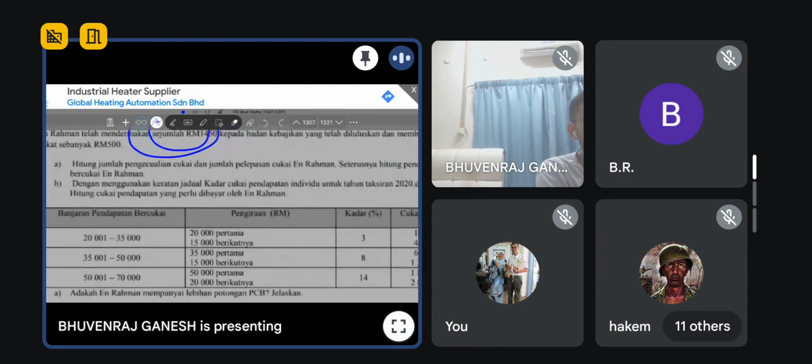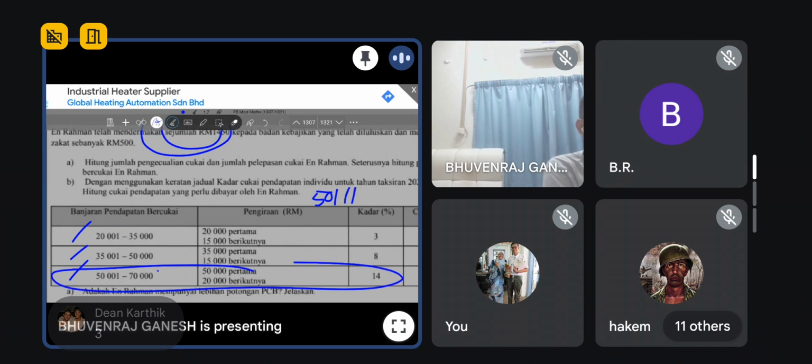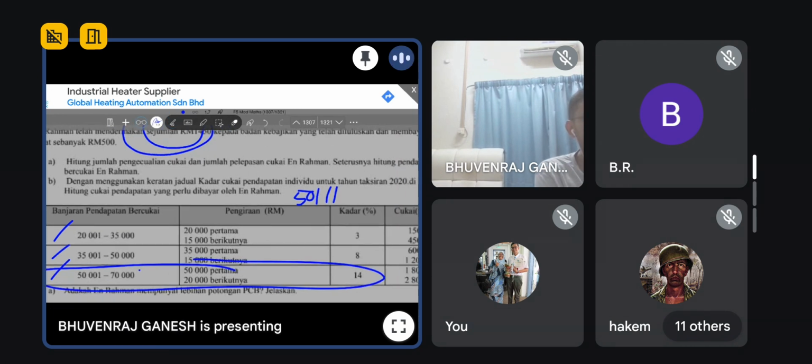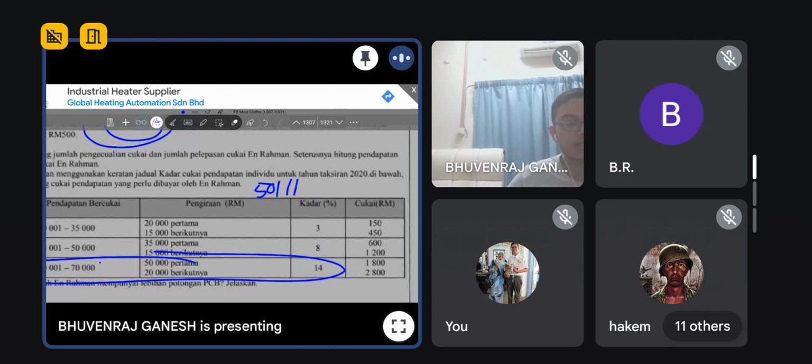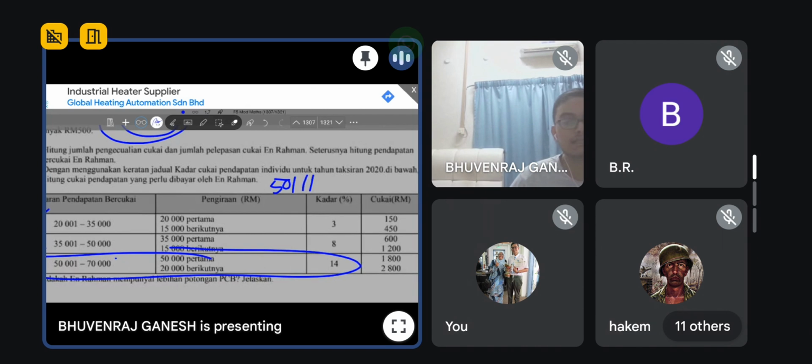Okay, so now for question B, which row do we refer to now based on your value 50111? Baris keberapa kita rujuk? Very good. We refer to this one. So that means our base rate, cukai asas, is 1800, and then same step, 14% times baki cukai.